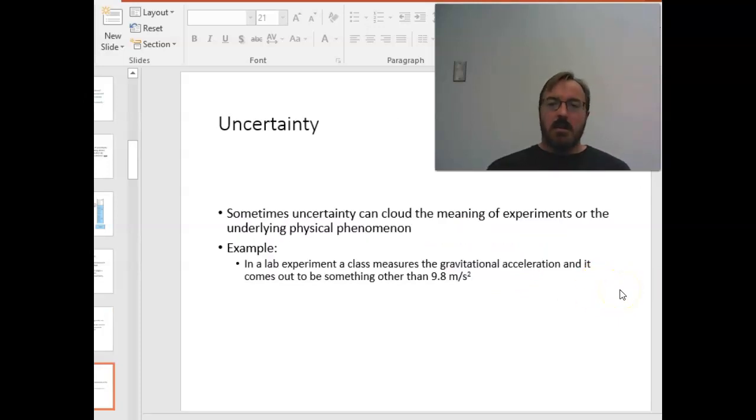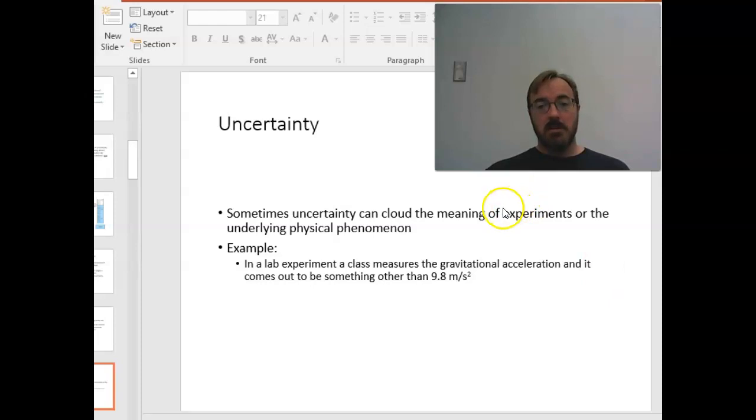Okay, another note about uncertainty is sometimes the uncertainty in an experiment is so high, like the error bars are so high, that it really clouds the meaning of the experiment or the underlying physical phenomenon.